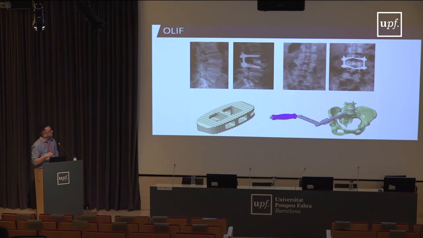Here you can see the result of a single level OLIF. This disc between L3 and 4 was really degenerated with the collapse of the segment, and the huge implant was placed from the oblique approach into the disc space, and after that, from a percutaneous procedure, some screws were introduced into the vertebral bodies to make a proper stability. And we started this procedure about, I don't know, 5-6 years ago.